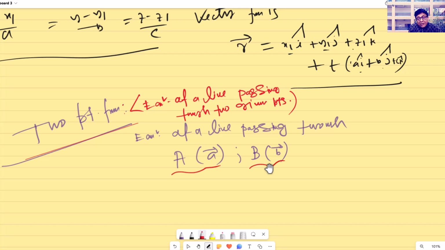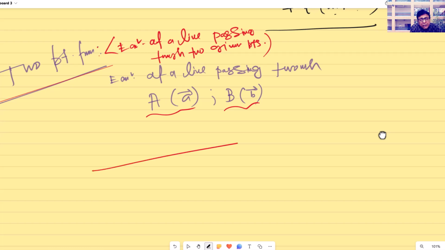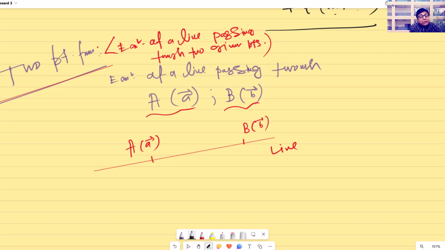Those given points are A and B. These are two known points on the line, A, B. We have to write the equation of the line. I told you when 2 points are known, in that direction a vector is also known. So if this is the line, it will be directed in what direction? Along AB. So the line is directed along AB, and a point on it is known. Okay? So we can write the equation of the line just by using the previous concept.